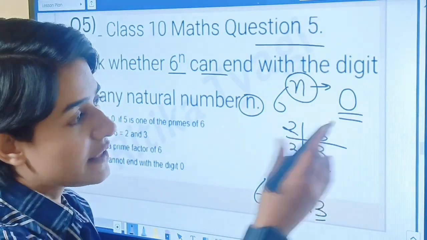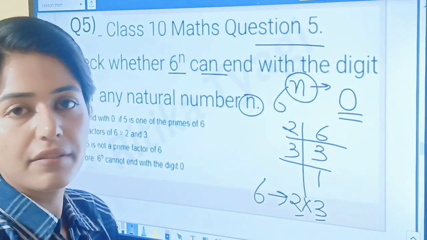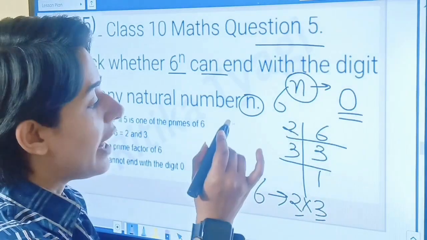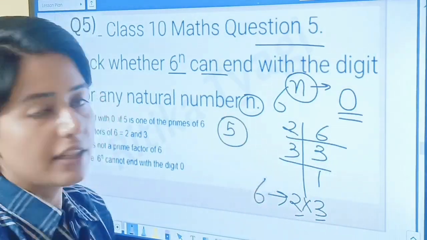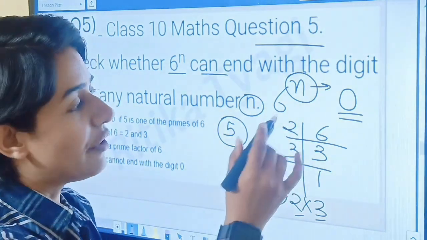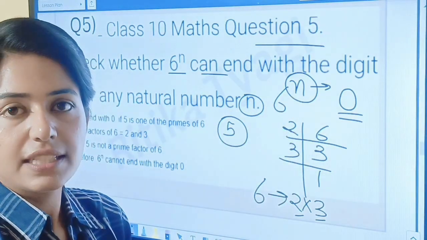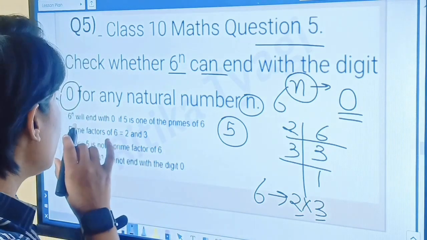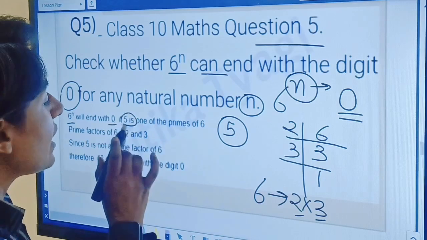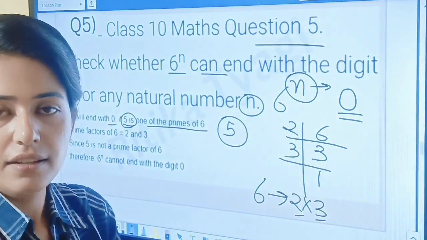And digit 0 is not possible for 6 to the power n, because for ending the digit with 0, 5 must be in the factors of the number. It is not possible for any value of n that 6 to the power n ends with the 0 digit. 6 to the power n will end with 0 if 5 is one of the prime factors of 6.